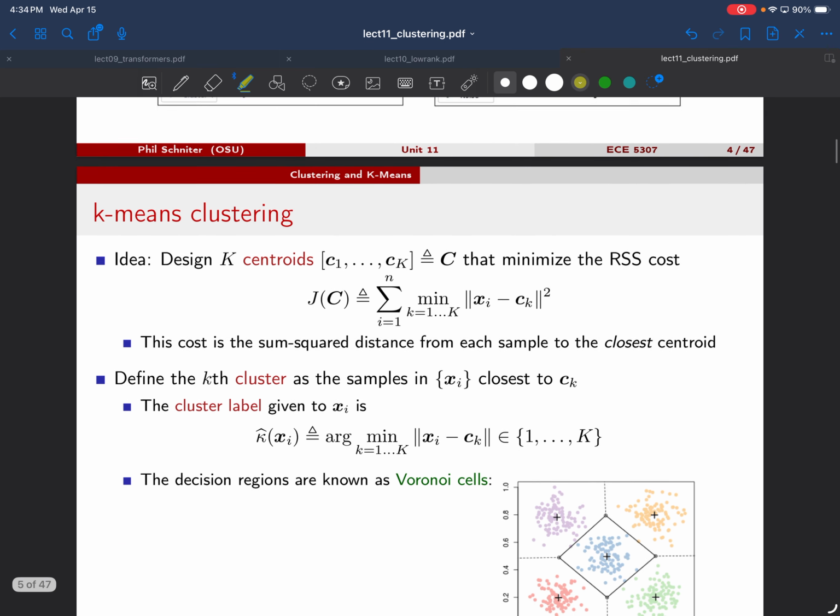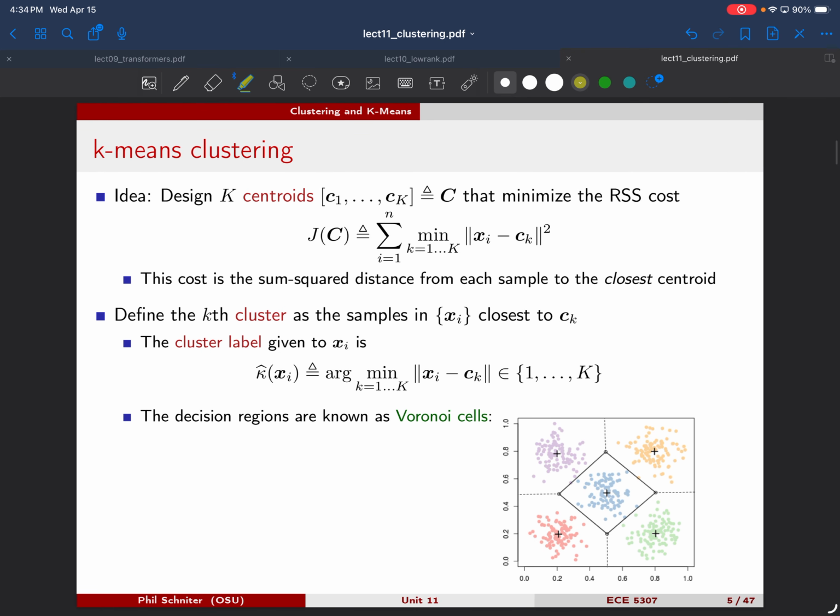Probably the most famous approach to clustering is known as k-means clustering. In k-means clustering, you learn or design capital K different vectors called centroids such that you minimize this cost. So what is this cost? We have a sum over our data samples of the Euclidean distance between each sample and one of the centroids.